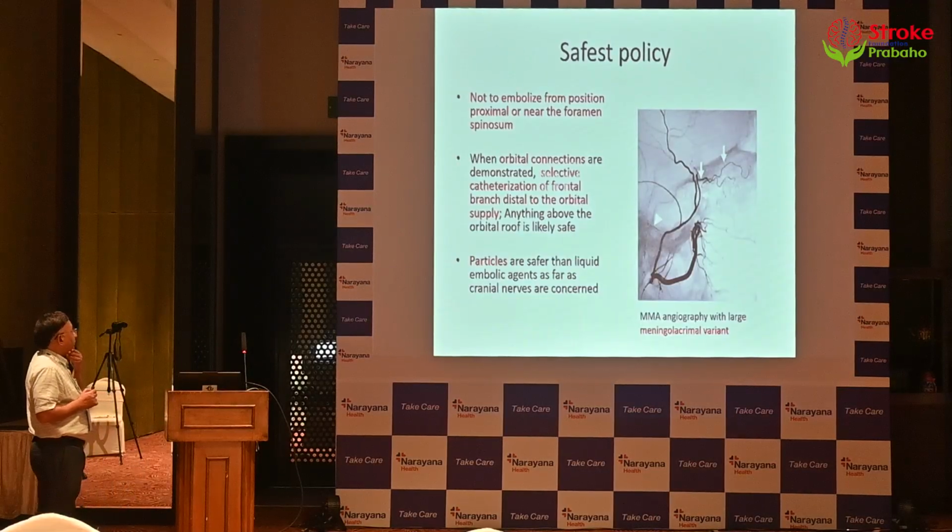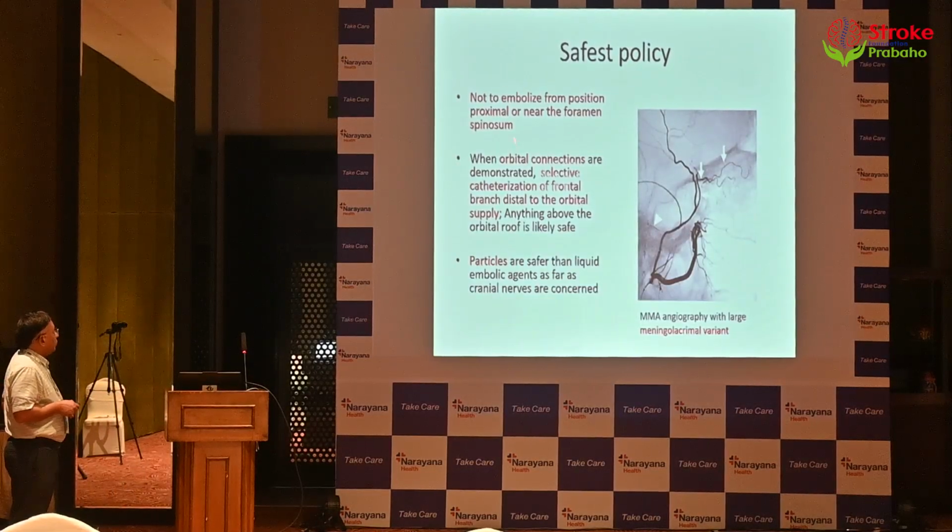So what is the safety point for embolization? Not to embolize from the position proximal or near the foramen spinosum. So this is the foramen spinosum. If there is no large meningo-lacrimal trunk, we can embolize up to here, but we should not go below here because the geniculate and Gasserian ganglia are supplied here.